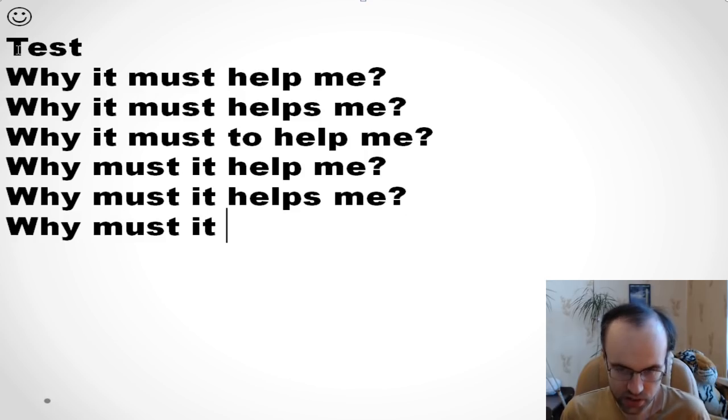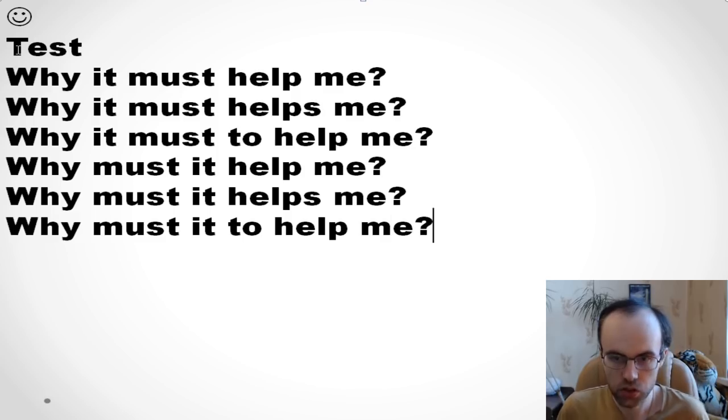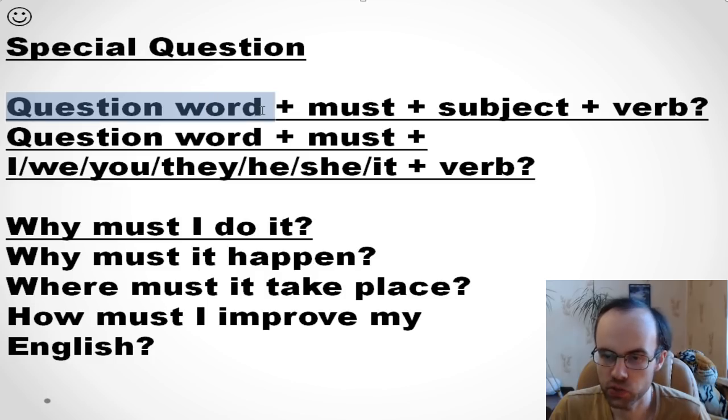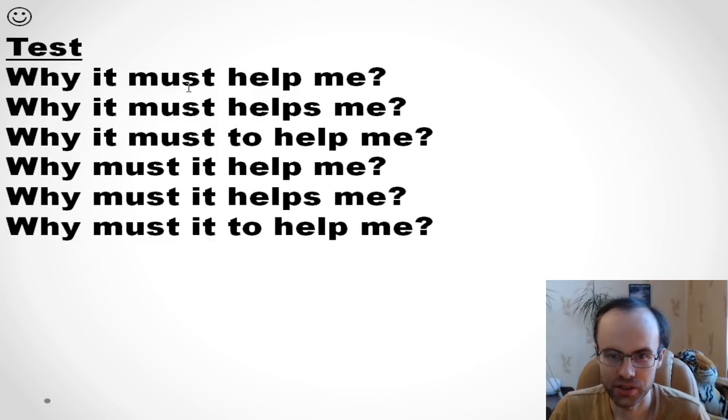Or why must it to help me? Which sentence is correct? So you see, no as, no to, and first we put a question word, then must. So we have must after a question word. So we have must after why. No as, no to. So why must it help me? Very good, my friends, very good.